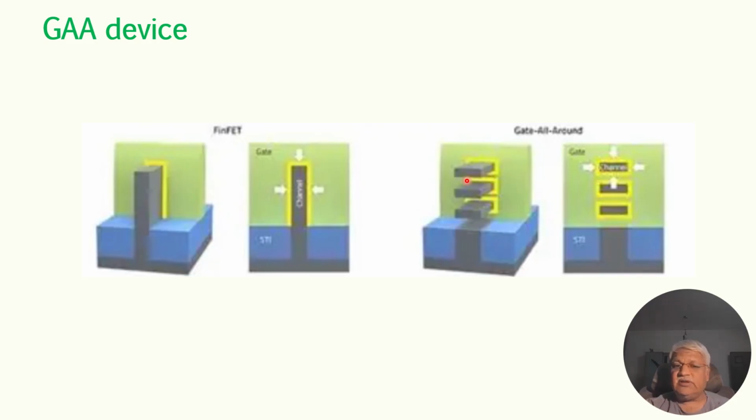That means the thin width of this fin, the height of the fin, and the thickness, all that will be contributing two times. So this is all about FinFET and gate all around devices.